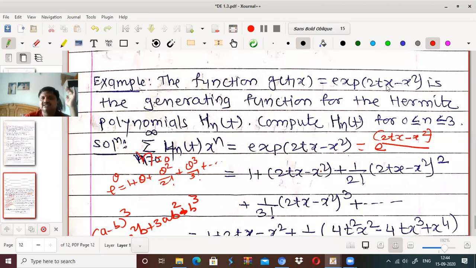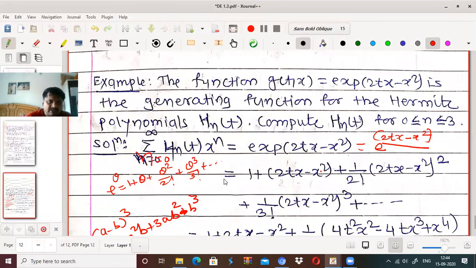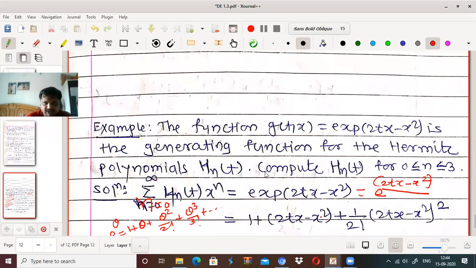Take another function; there is also an example for you in the homework. This is another function for some other polynomial, and you are asked to find h0, h1, h3 and so on. The same method applies. Expand it in terms of a constant term plus something into x plus something into x square plus something into x cube. Compare these two, and you will get h0, or whatever the L1, L2, L3 or P0, P1, P2, P3 are. This is also an example that depends on that generating function, which is why we have taken it.